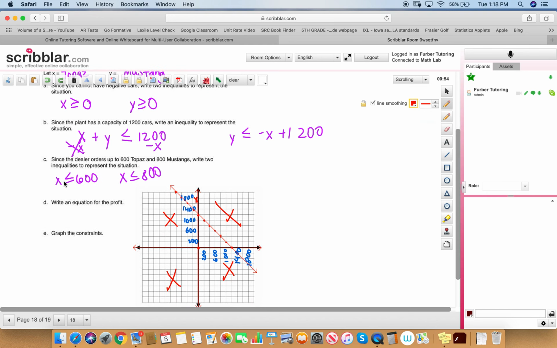So X again is a Vux. That means it's going to be at 600, and it's going to be a vertical line. Vertical line, I did that wrong. Vertical line on the x-axis. So it's going to pass through that. And then look what it says.